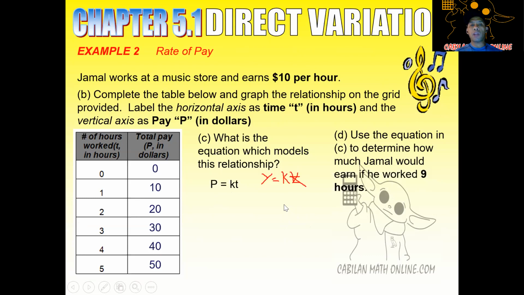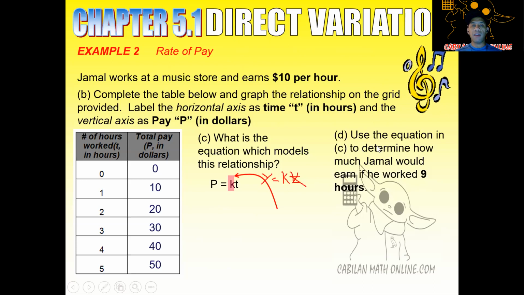The only thing that you will be substituting in the equation of direct variation is this letter K. Take a quick glance at the entire question and see if you can find what the value for K might be.